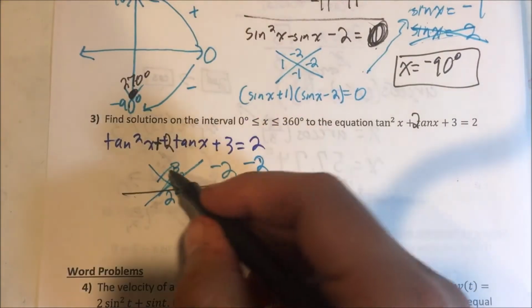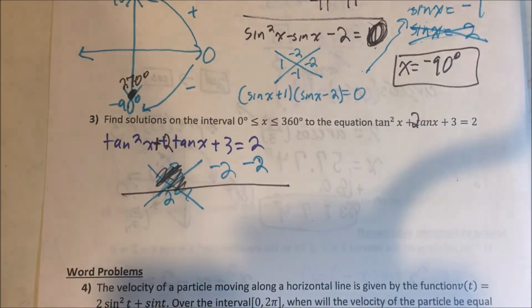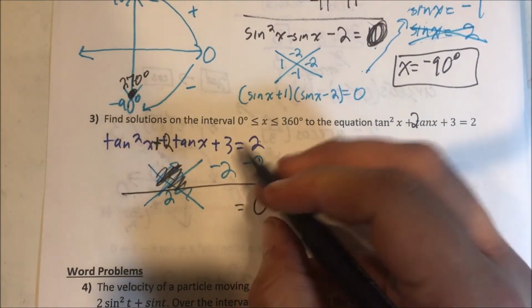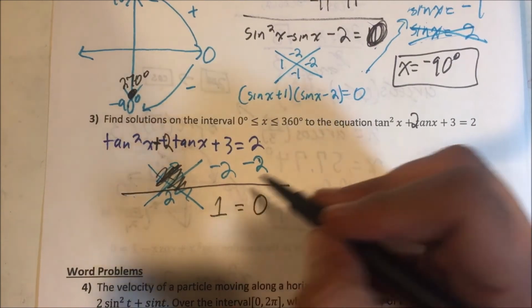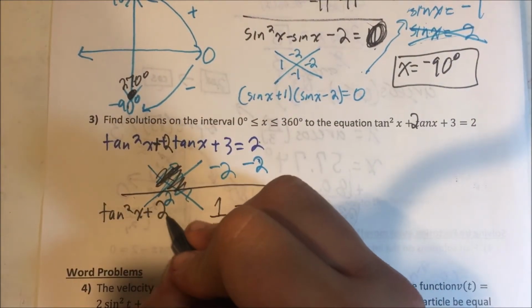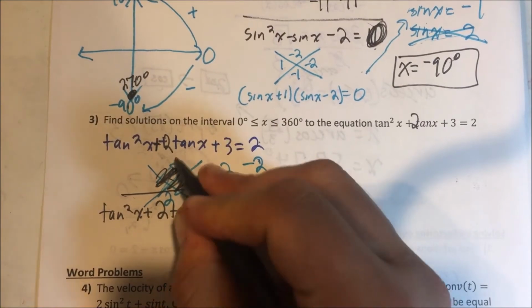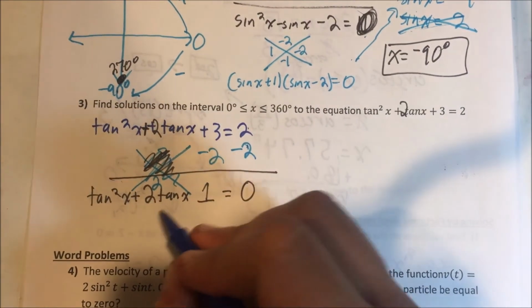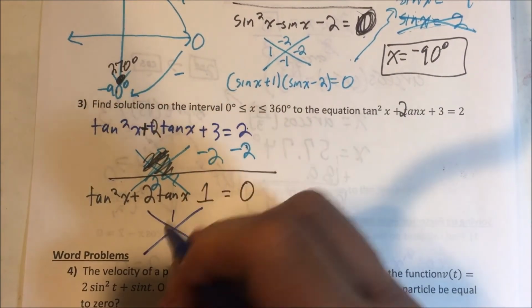Anyway, so what's going to happen? I know there's a scribble here, but kind of just scratch it out there. So 2 minus 2 is 0. 3 minus 2 is 1. Tangent squared x plus 2 tangent of x. Remember, we added that 2 at the beginning. So we want to now break this equation down because now it is equal to 0.